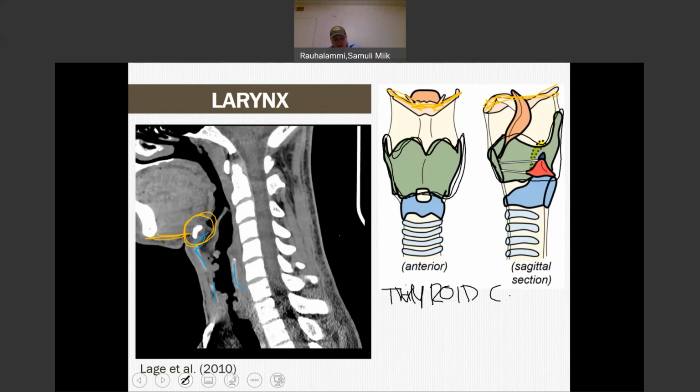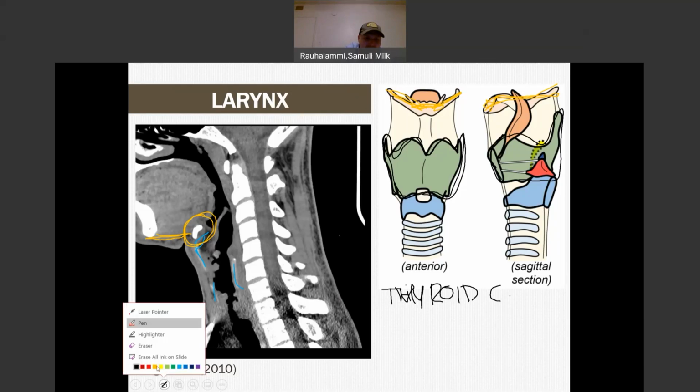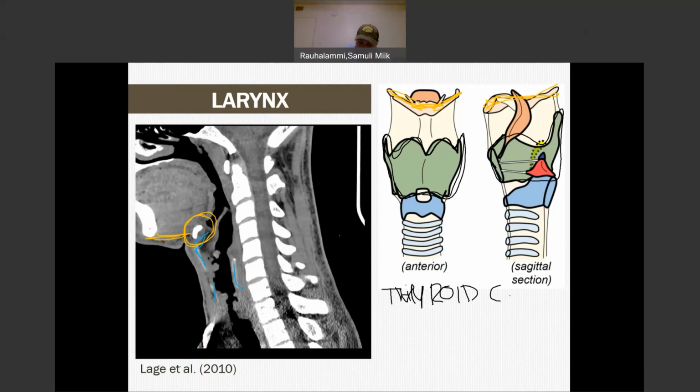On the thyroid cartilage, we have a couple of spots that I want to highlight, especially. Let me just change the color of the marker here. We can see the laryngeal prominence protruding out, the most anterior part. Many of you might know it as an Adam's apple.